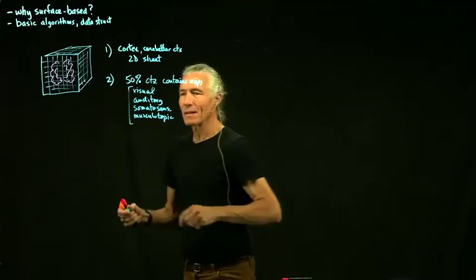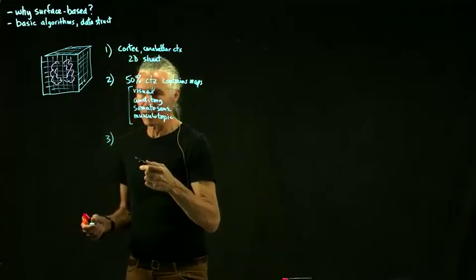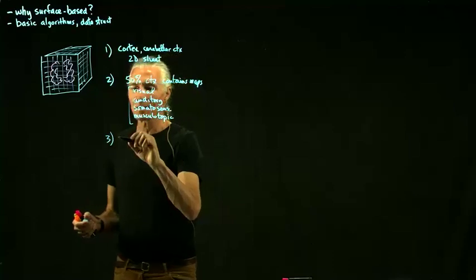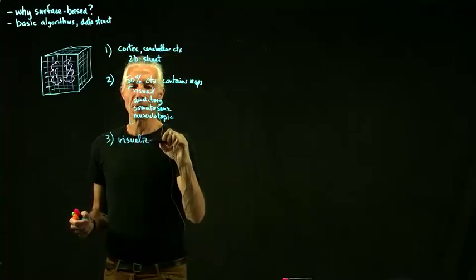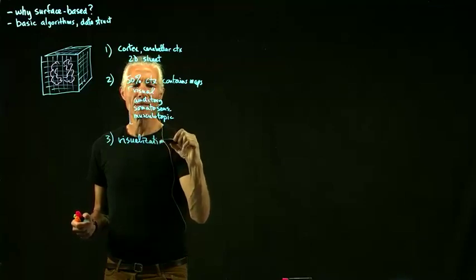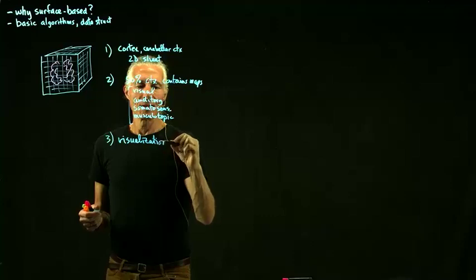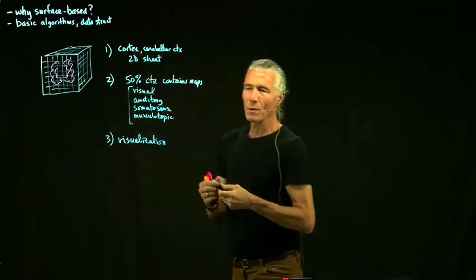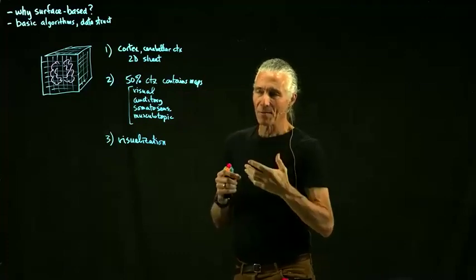And that brings up one of the main reasons for doing surface-based analysis, which is visualization. What is the problem? The problem is that your visual system is not good at looking at a three-dimensional block of data and trying to see it in 3D.